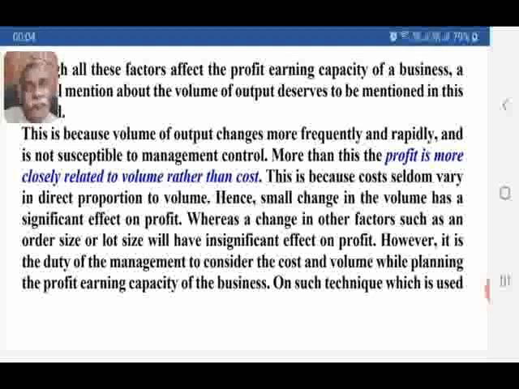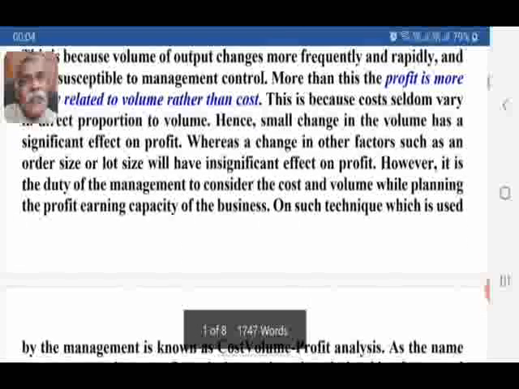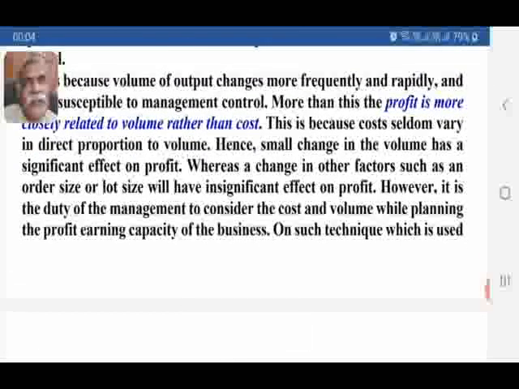More than this, the profit is more closely related to volume rather than cost. This is because costs seldom vary in direct proportion to volume. Hence, small changes in the volume has a significant effect on profit.